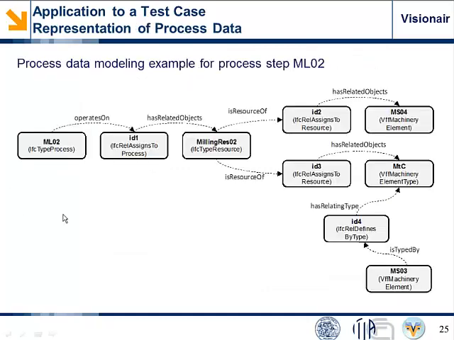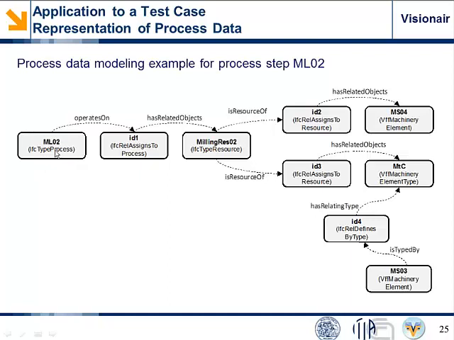So, as I said before, here I'm showing the way I define the link between the different process steps and the machines available in the system. Let's say I want to execute a kind of process step called ML02.